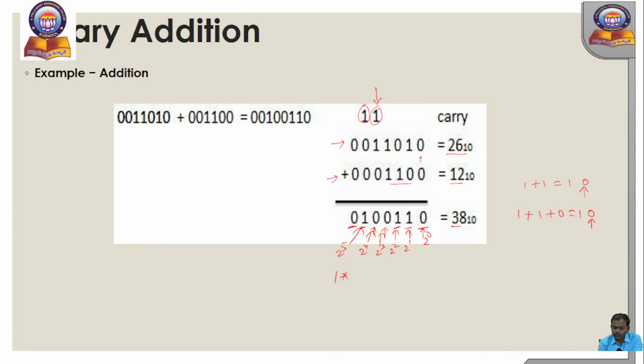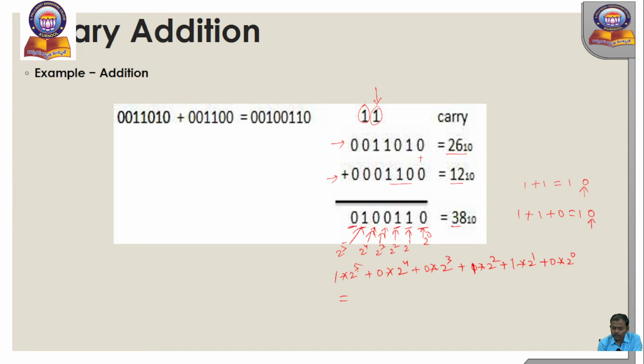So 1 into 2 power 5, 0 into 2 power 4, 0 into 2 cube, 0 into 2 square, 1 into 2 square, then 1 into 2 power 1 plus 0 into 2 power 0.